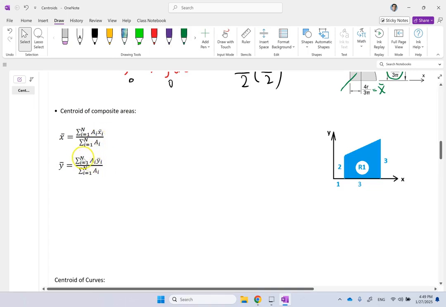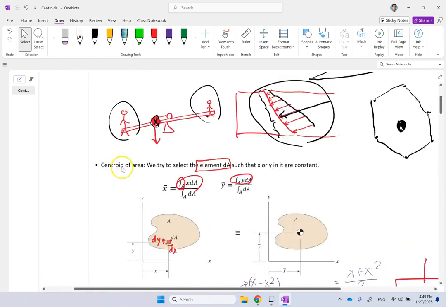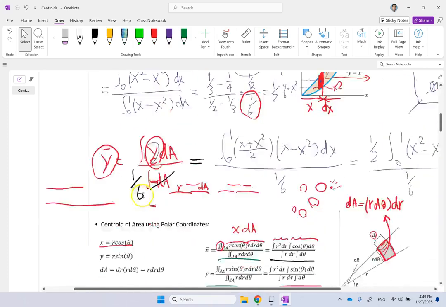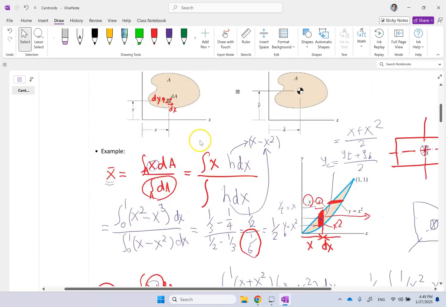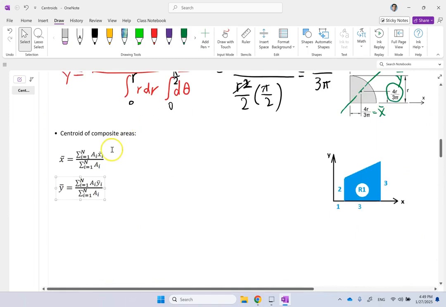And n is the number of primitive shapes using which I could make my actual area. Instead of integration, I do a summation because I have a limited number of A_i elements as opposed to an infinite number of these small dA elements. So I'm going to use these two simple, what we call weighted average formulas.